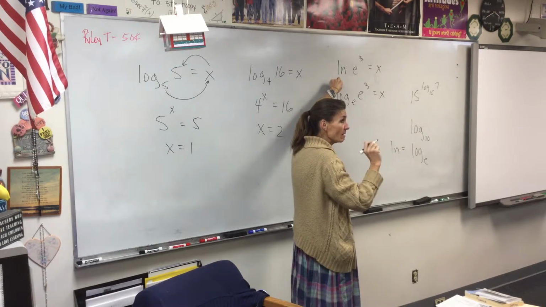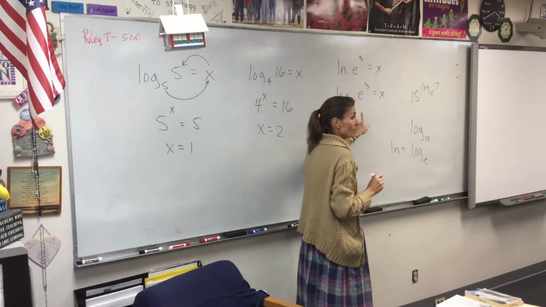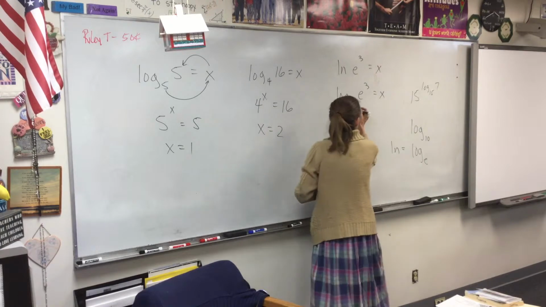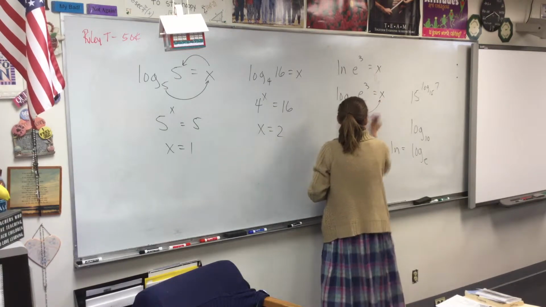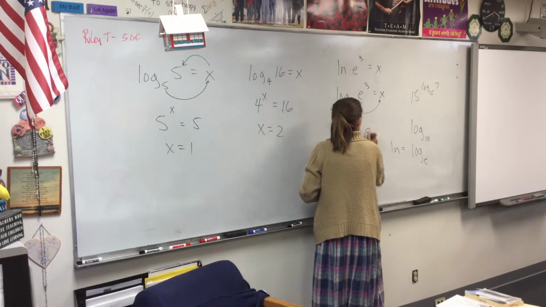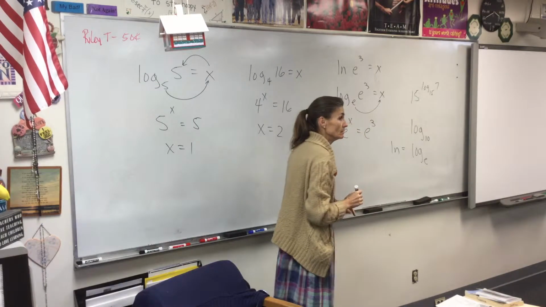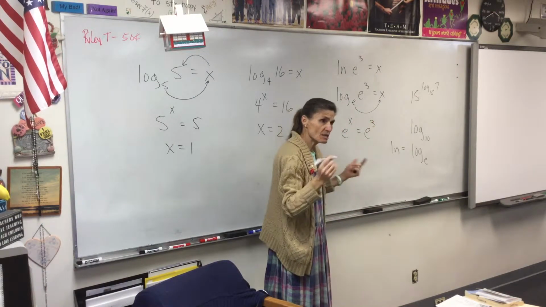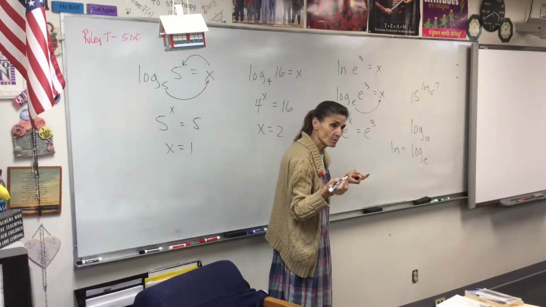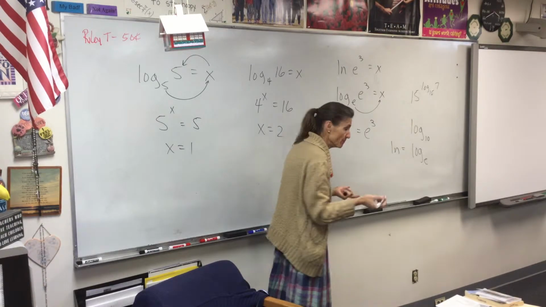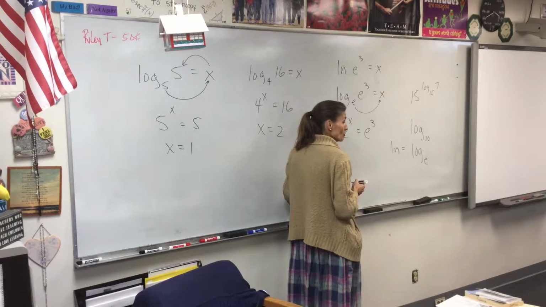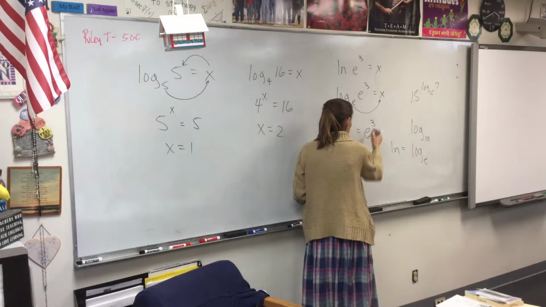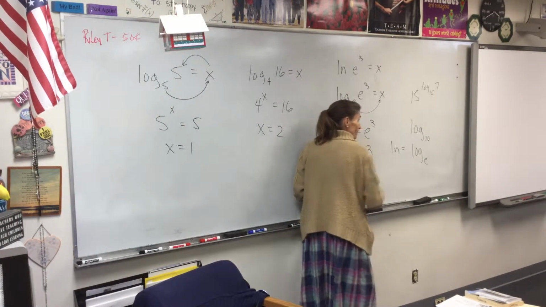So when I see an ln, I think of it as log base e. Now let's translate it. What will it say? e to the x equals e cubed. Well, wait a minute. e to what power is e cubed? 3. Wouldn't that be 3? e to what power is e cubed? Doesn't it have to be 3? Yeah.